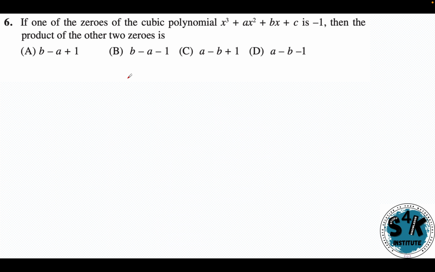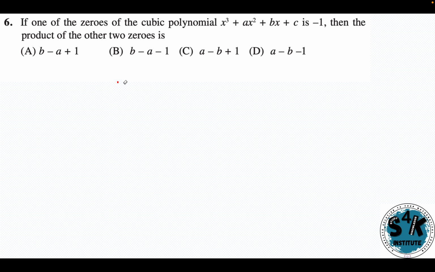If one of the zeros of the cubic polynomial is -1, then the product of the other two zeros. Same problem. So alpha into beta plus... earlier it was getting 0, now it is not, so you have to use this method.